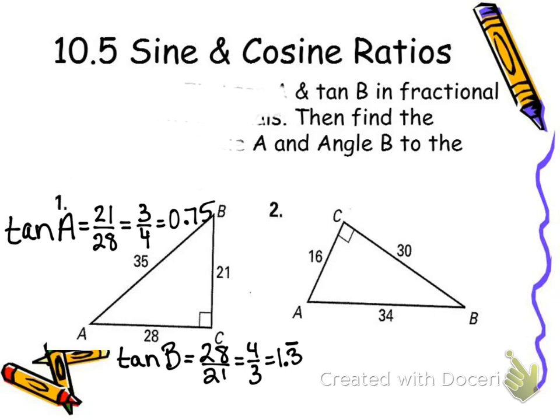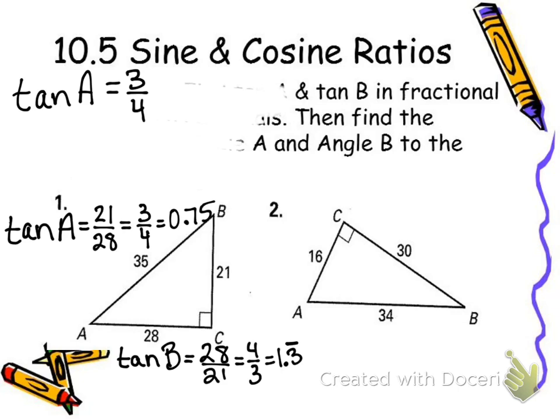I'm going to use the 3/4 to set up an equation. We don't want to know what the tangent of A is anymore. We actually want to know what angle A measures to be.